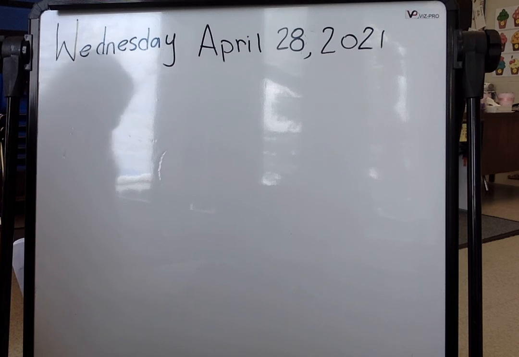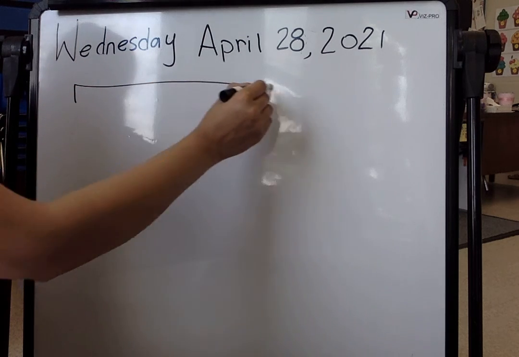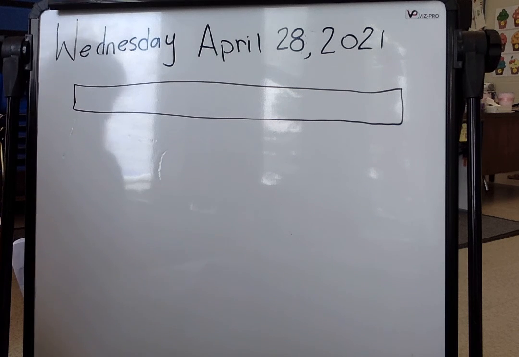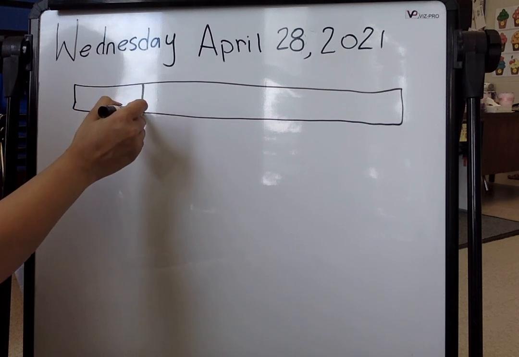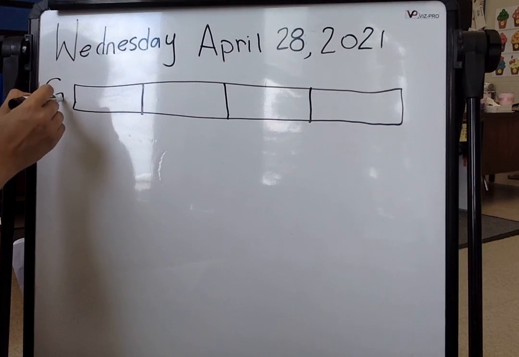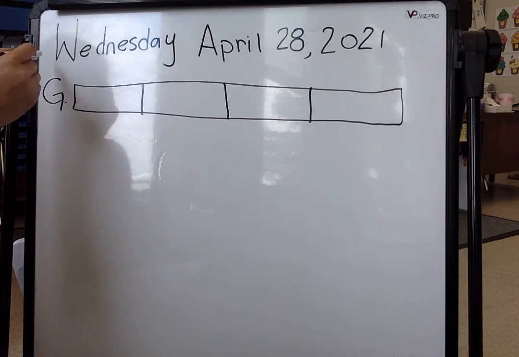Okay, so Gary collected 48 postcards and he collected 4 times as many postcards as Ryan, right? So let's do it in a picture. We know that he collected 48, and we know he collected 4 times as many as Ryan, so we should have 4 bars for Gary, G. This is question 6.